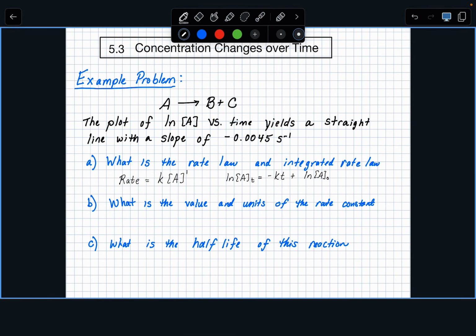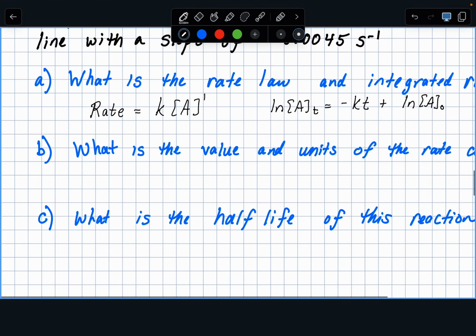All right, next up is: what's the value and units of the rate constant? They actually made this an easy question. If they give you the slope of the graph and you don't have to find it, that is the k value, but remember, we don't tack on the negative sign. So the value of the rate constant k is 0.0045 per second.